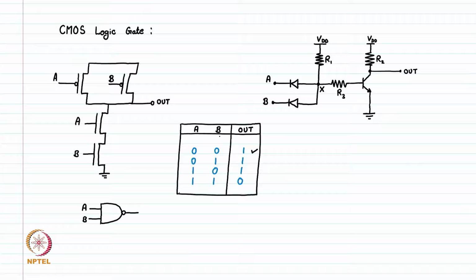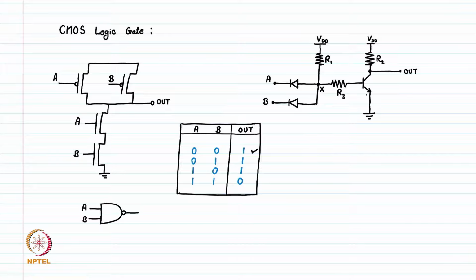In fact, if any of A and B is low, A is 0 or B is 0, the same phenomenon will happen. A or B signal will be 0, so the diode will turn on and this node X will be pulled down to 0.